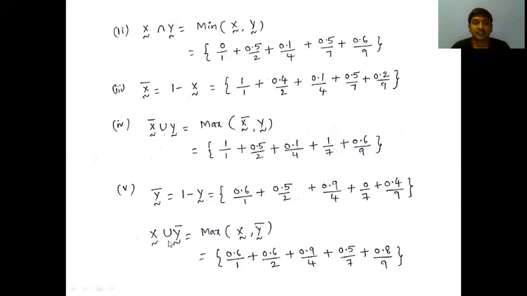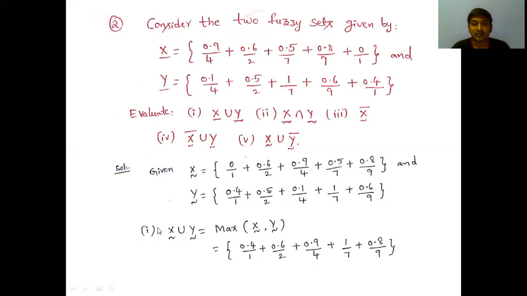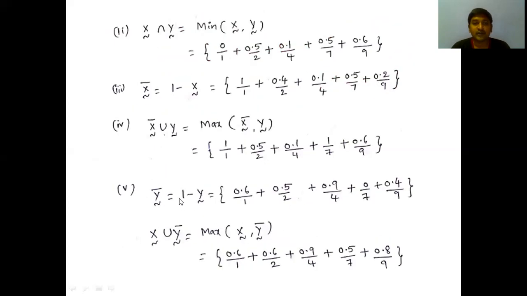So here x union y bar, so that is union operation. Maximum of x comma y bar equal to 0.6 by 1, because you check the given fuzzy set x and complement of the y. So here 0.6 by 1, 0.6 by 2, 0.9 by 4 plus 0.5 by 7 plus 0.8 by 9. So these are the maximum membership values between fuzzy x and y bar.